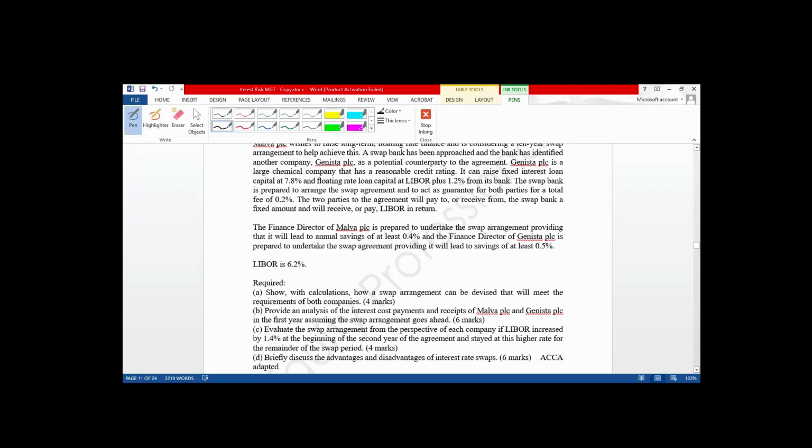And the finance director of Genista PSC is prepared to undertake the swap, provided it will lead to savings of at least 0.5. LIBOR is 6.2%.